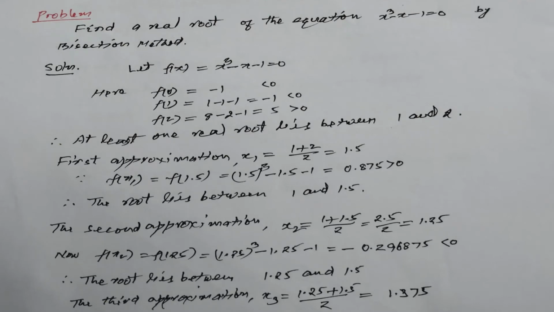This is about the bisection method or Bolzano method of solving the algebraic equation. Now we take an example for better understanding of the steps of the method.